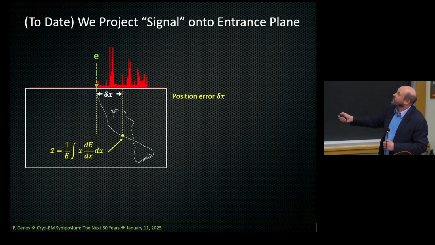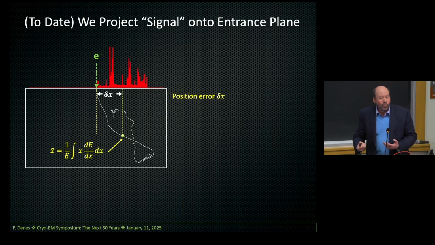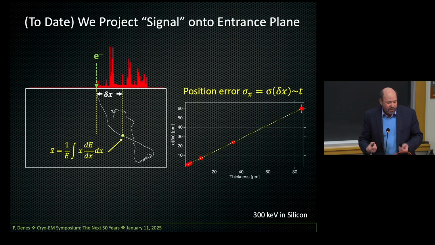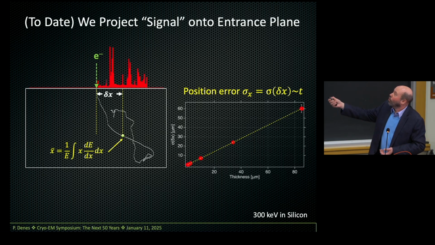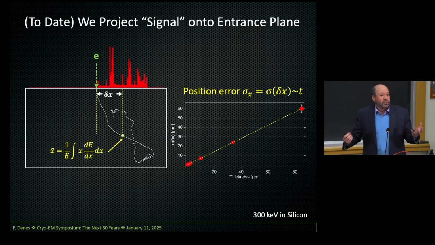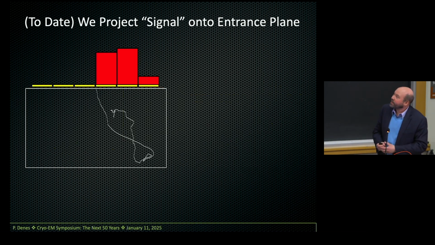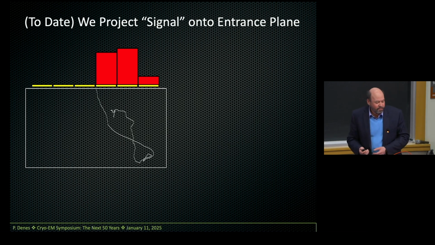The position that we think the electron came in at is wrong by some error, and that depends on this kind of energy-weighted path length. That position error is proportional to the thickness of what we're collecting the energy over. So the thicker our detection material, the worse our resolution. And once we start to pixelate it, it doesn't get any better.